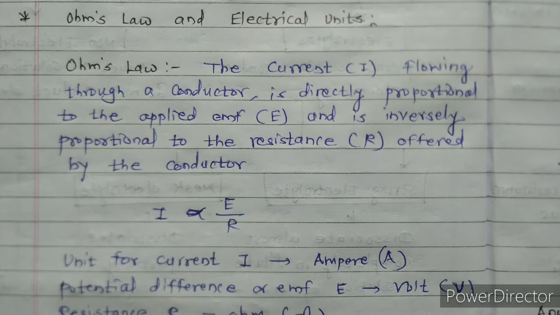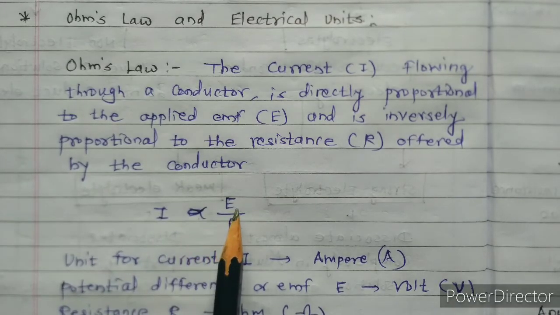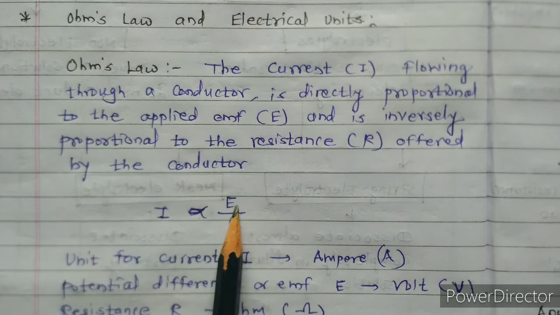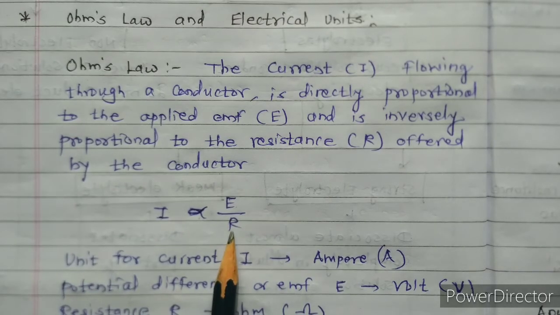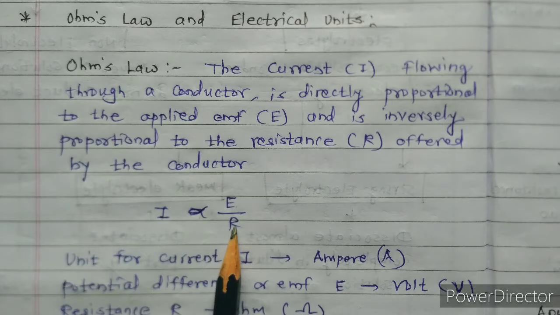Therefore, we can say the current I is directly proportional to the applied EMF upon resistance. That is, the current is directly proportional to EMF and inversely proportional to the resistance.